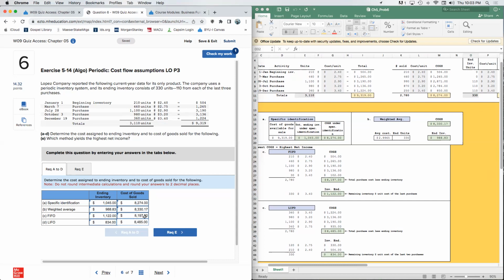And so our cost is only $8,197. We know our average is going to fall in between the first in, first out and last in, first out. So that's correct. So we should be in good shape. And that's how you do that. Thank you.